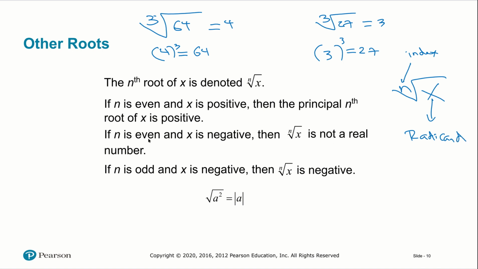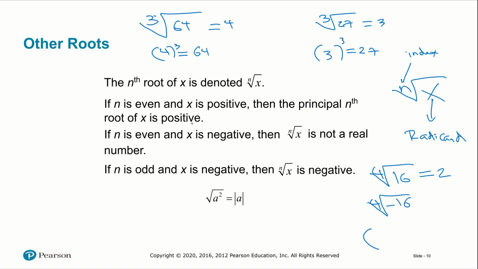All right. Now, notice that if n is even and x is positive, then the principal nth root is going to be positive, right? For example, the 4th root of 16 will be 2, right? Now, if n is even and the number under the radical, the radicand, is negative, then the nth root is not going to be a real number. Because think about it. If I look at the 4th root of negative 16, what am I looking for?